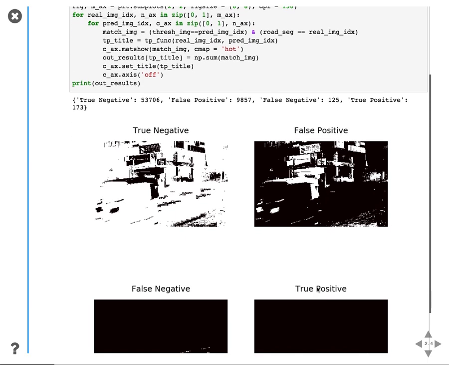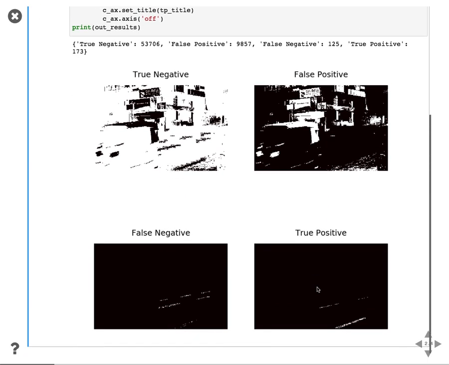And so we can go down and show the images, which are quite useful to look at. All of the true negatives are things that it said were not road, that were not in fact road. The false positives were the things that it thought were lines that were not. False negative and true positive.